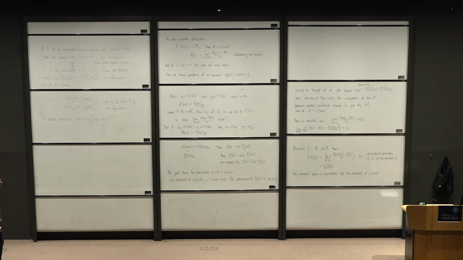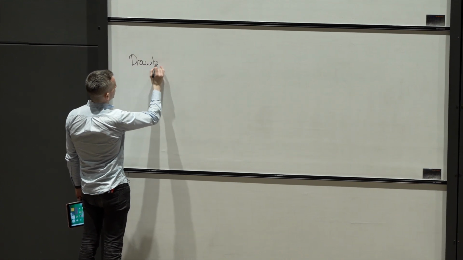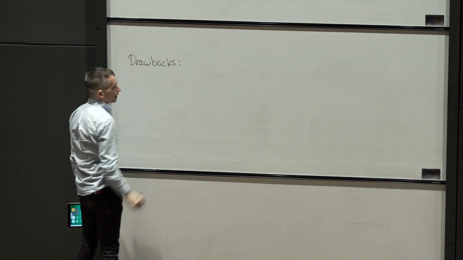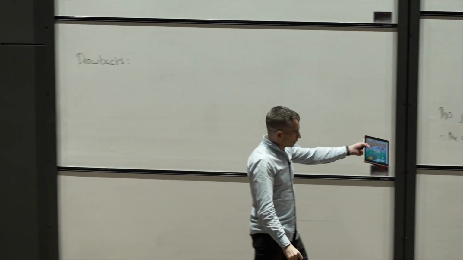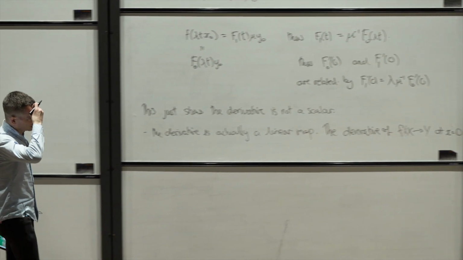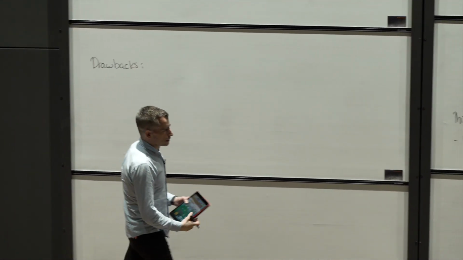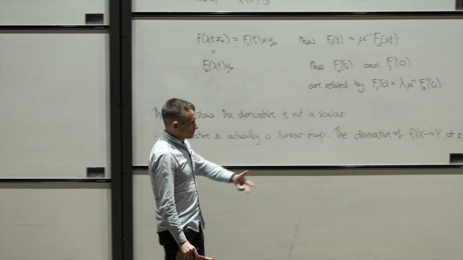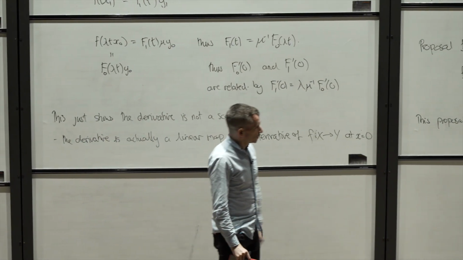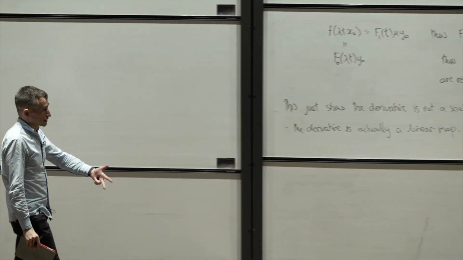So that's not quite good enough. So let's see, drawback. In the one-dimensional case, the derivative was a linear map. Maybe that's just a quirk of one dimension, but in a sense, what the derivative does is give you a good infinitesimal approximation to the behavior of the function at the point that you're interested in.